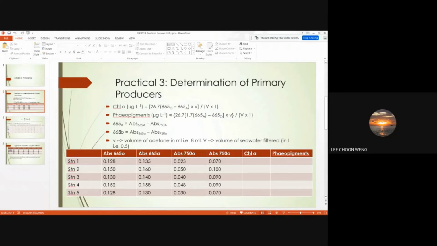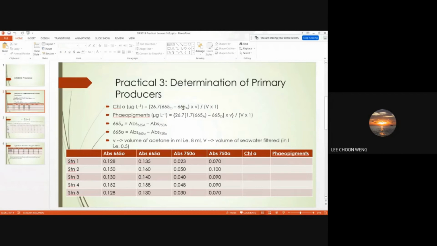Okay, so the next is this one, 6650. So 6650 is actually the absorbance at this minus this. So you have to take this minus this and then put it here. Okay, put it here, 6650. Then for 6650A, it is this minus this, then you put it here.